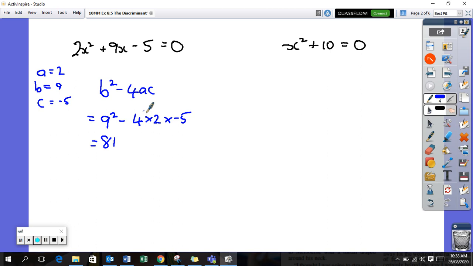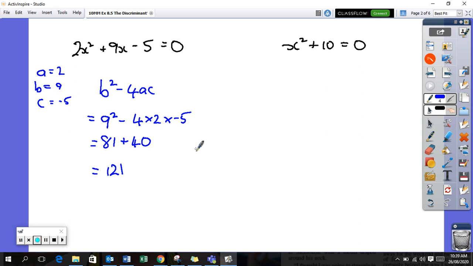Minus 8 times minus 5 is plus 40. Just notice how I'm doing that with a minus. I'm just treating this minus sign as a negative. So I'm saying negative 4 times 2 is negative 8. Negative 8 times negative 5 is plus 40. So the discriminant here is going to be 121.